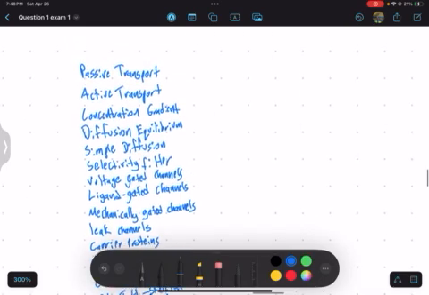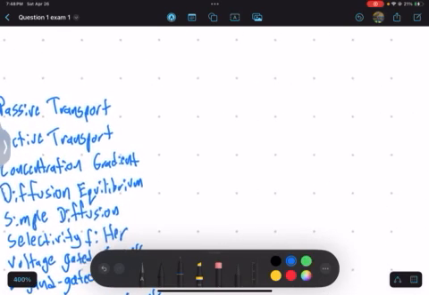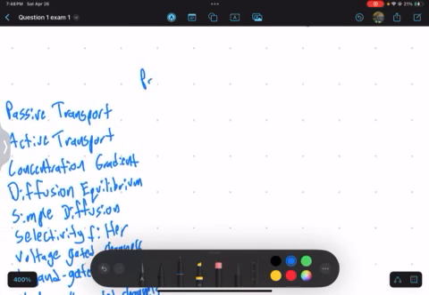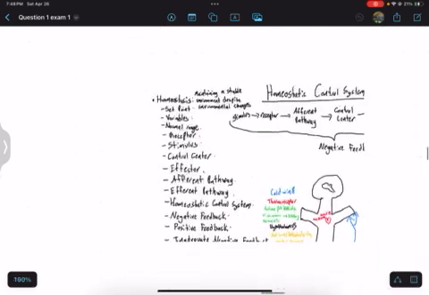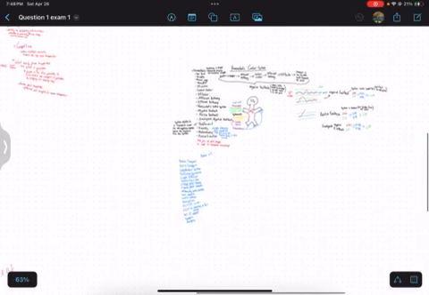So to start us off, I'm going to talk a little bit about passive transport. Well, before that, passive diffusion. Passive diffusion is when it uses a concentration gradient to move something from a high to low area of concentration.